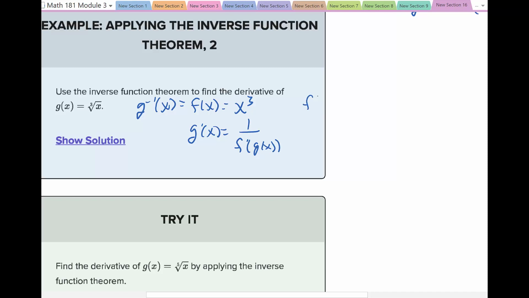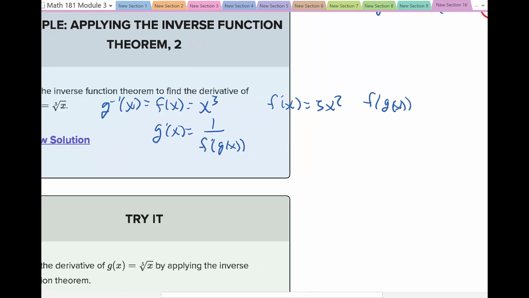So what is our f prime of x? That's going to be 3x squared, right? So f prime of g of x is going to be 3 times g of x squared, which is 3 times the cube root of x squared, or 3 times x to the 2/3 power.